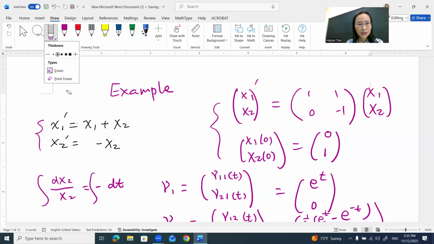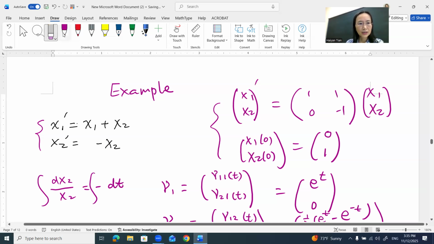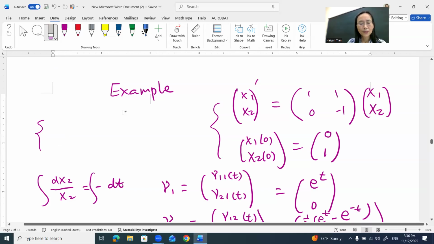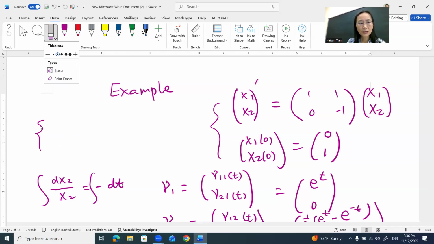Okay, this is just a hint, so you can try to solve it and double check. After you solve this, this is the method we talked about.